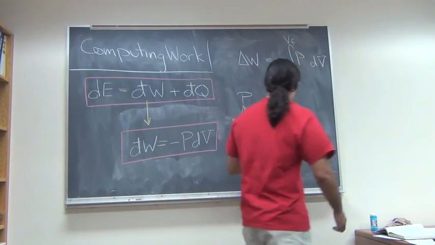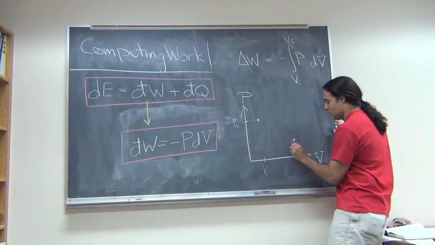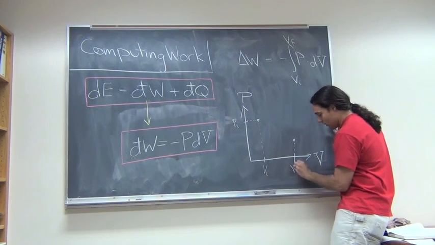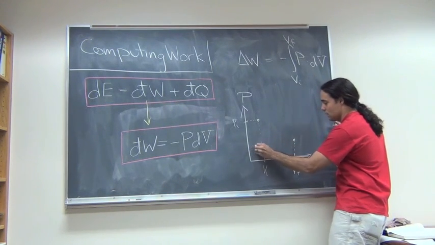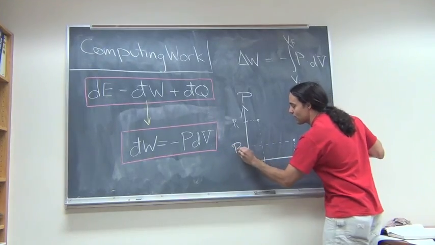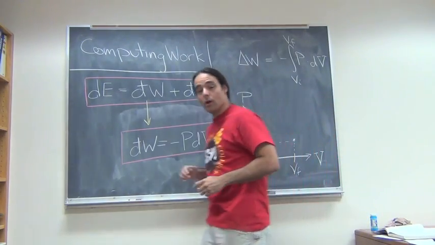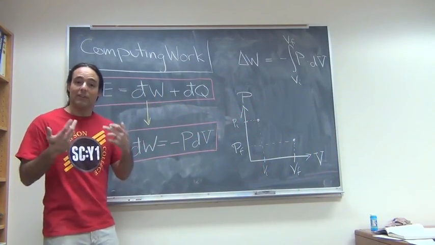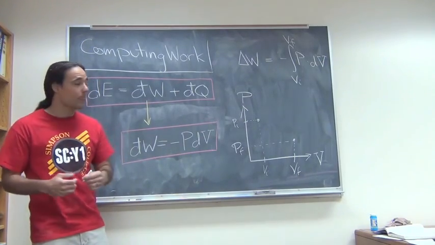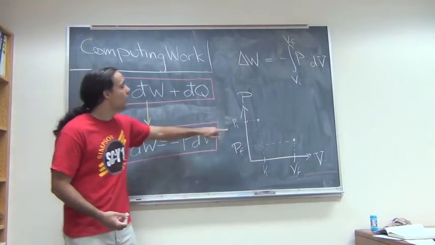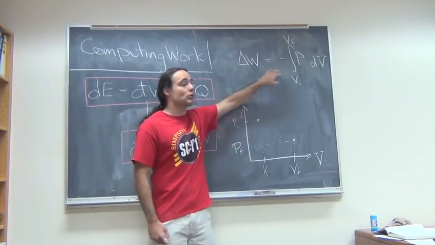Say I wanted to go to this point. So I'm at some final volume and some final pressure. I'm going to end up at the same volume and same pressure, but the amount of work I do is going to depend on how I get there.